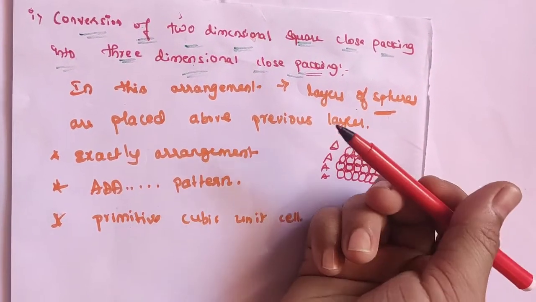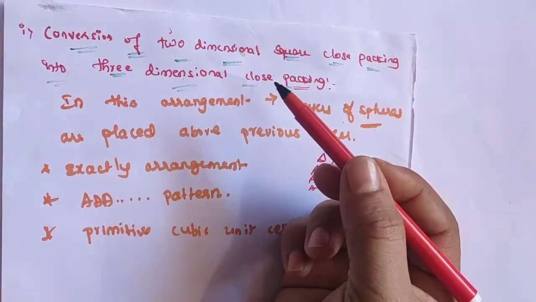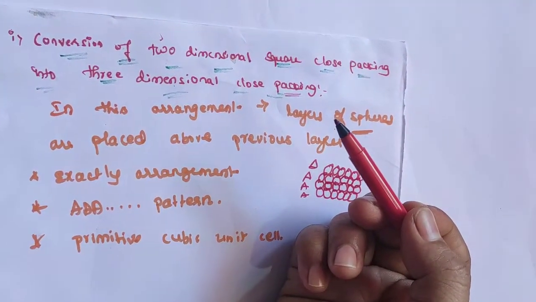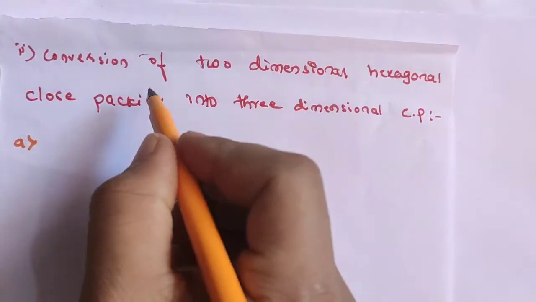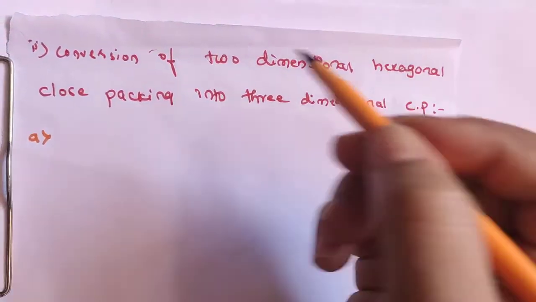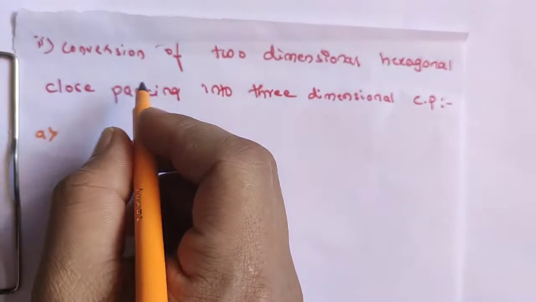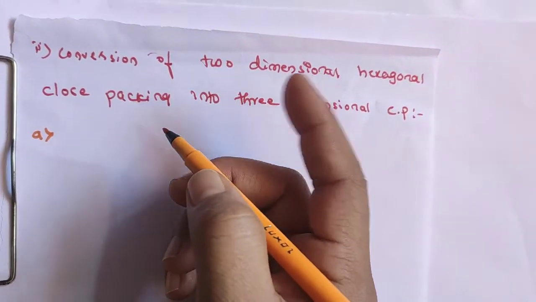Now the second concept: conversion of two-dimensional hexagonal close packing into three-dimensional close packing. In this concept we should discuss two subheadings.